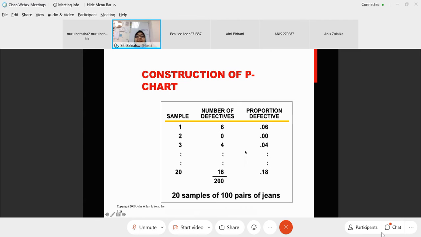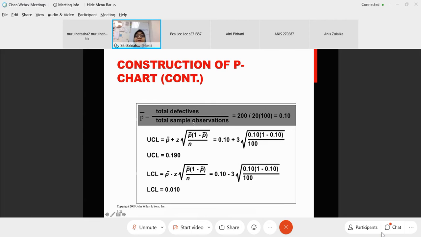Let's look here. Number of defectives 200, sample 20, 100 pairs of jeans. So we already got the proportion defective, because 6 divided by 100, because every day you take 100 samples, right? So this is the formula. P bar, we want to get P bar, because the formula is P bar.